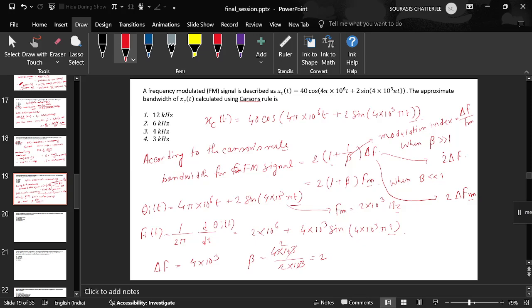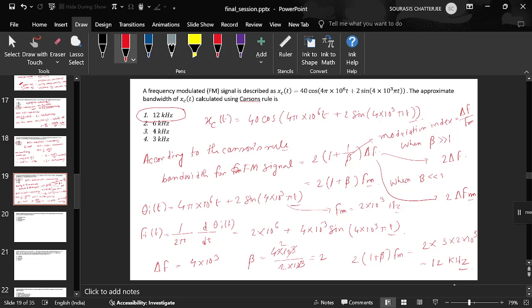So it's neither much greater than 1 nor much less than 1, so we have to use one of these equations. Let's use the second one, that is 2 times (1 plus beta) times fm, that is 2 times (1 plus 2, which is 3) into fm, which is 2 into 10 to the power 3, that is 12 kilohertz. So the first one is the correct option in this case.